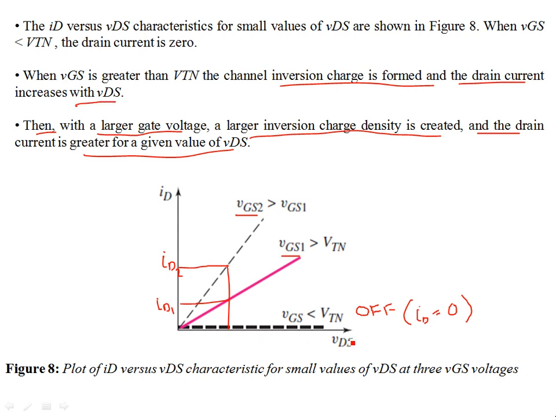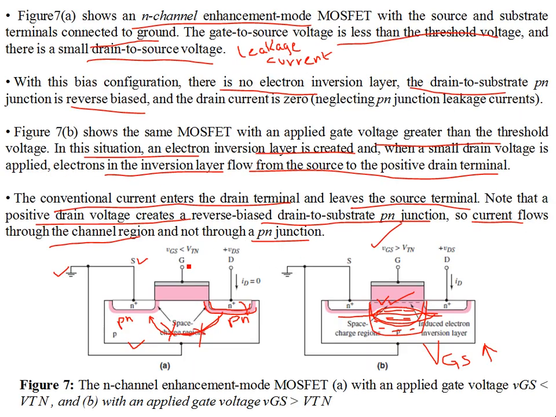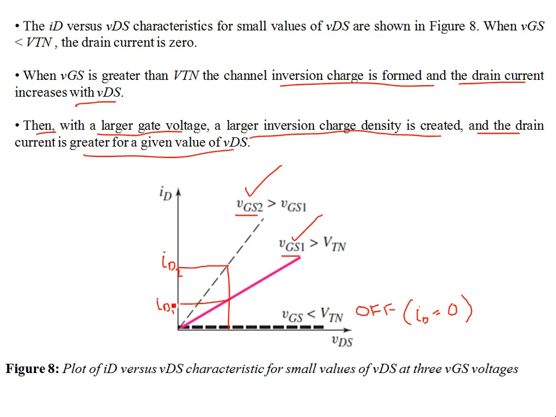As you are increasing the VDS, yes, you are increasing the drain current as well. But there's another parameter to see, that is your VGS. VGS controls the charge density, since you're increasing the electric field in the MOS capacitor. So with that you get more drain to source current.